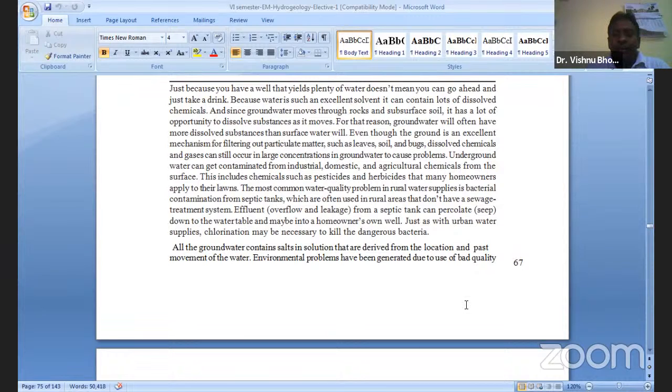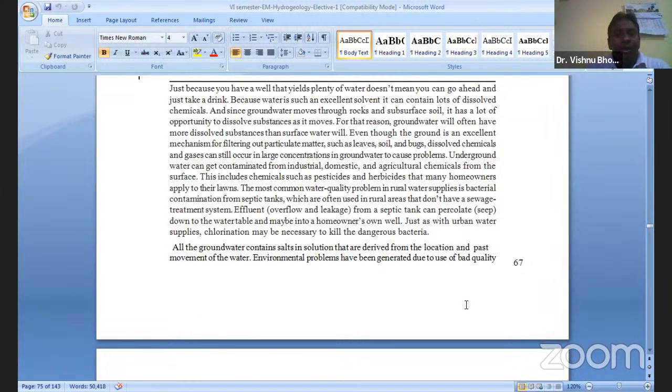And again, this underground water also gets contaminants from industrial, domestic, and agricultural chemicals. When these are mixed into that water, it becomes contaminated.